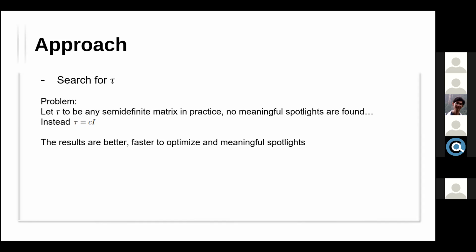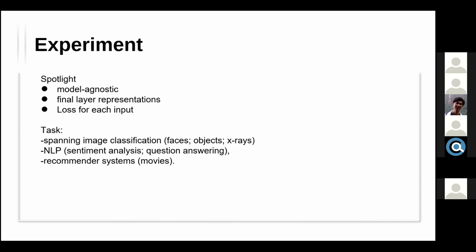And in this way, I think the formula of the kernel function is exactly the same as t-SNE. Maybe they don't even need to search for C. They can just let it be one, sigma times I. I'm not sure, but the results are better and faster to optimize. And they didn't give an explanation on why the results are better. So that's all. The approach is quite simple, I think.